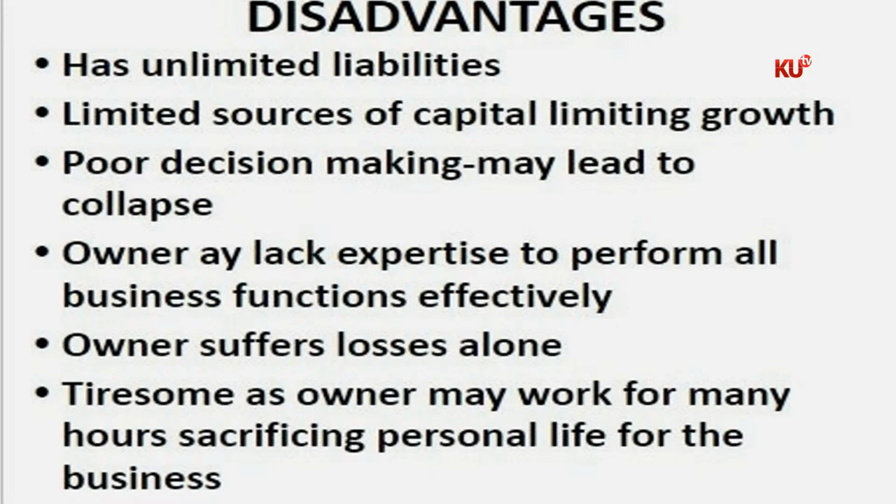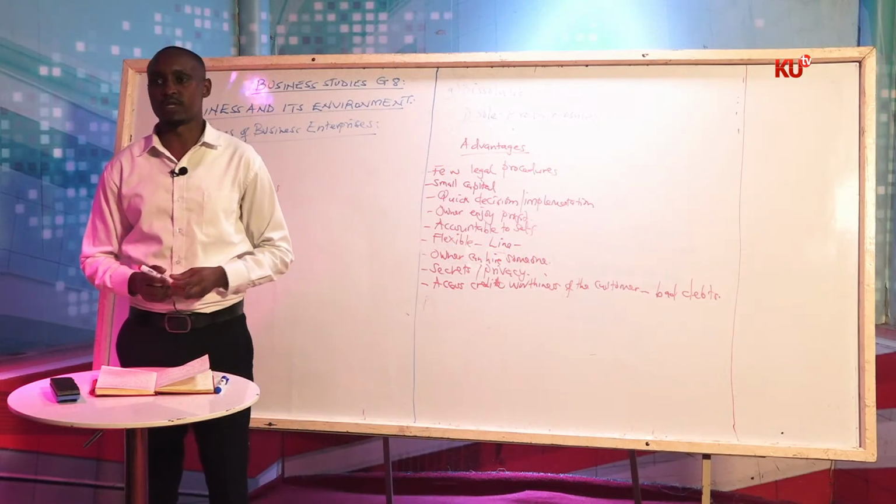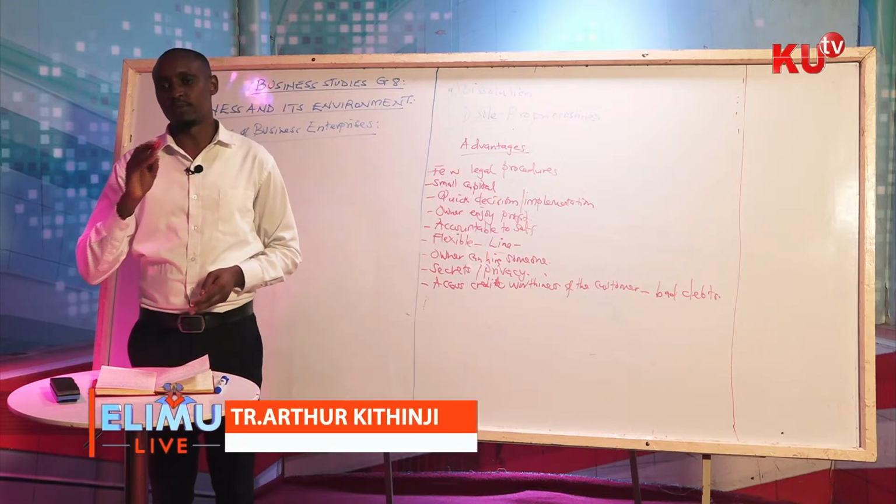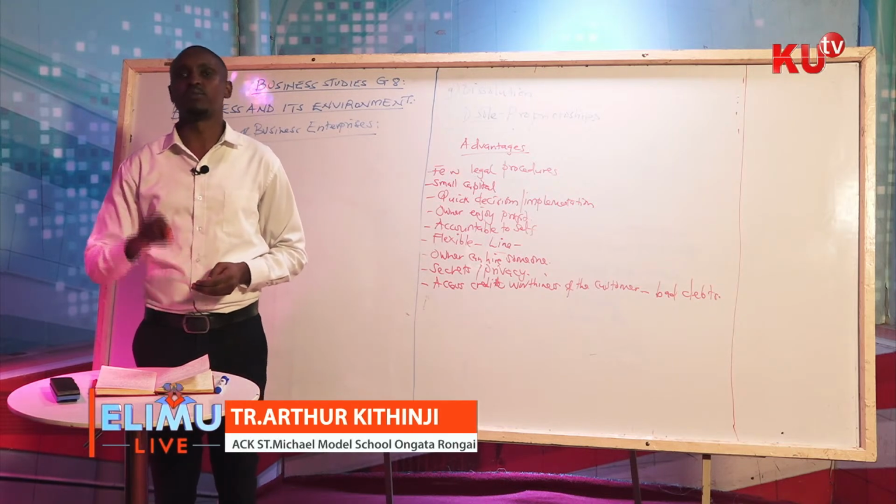So when we talk about unlimited liabilities, this means that in case the business incurs some debts, you have gone to buy goods on credit, you have bought goods on hire purchase, and you are unable to pay for those goods, then it means that you as the owner of the business, your personal property will be taken.